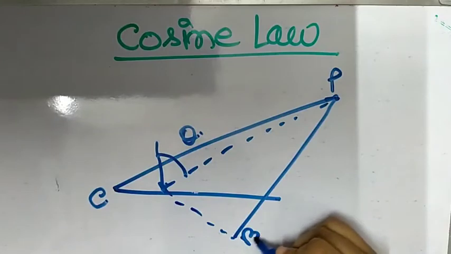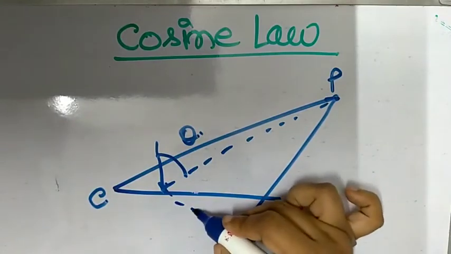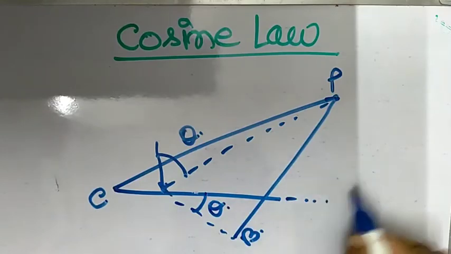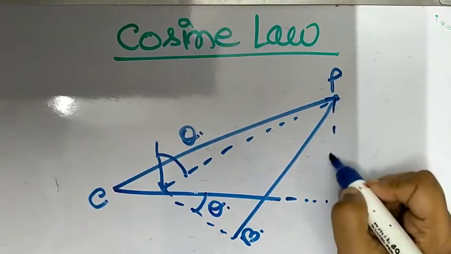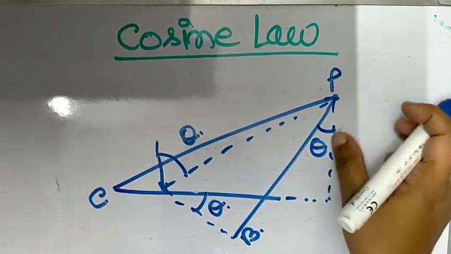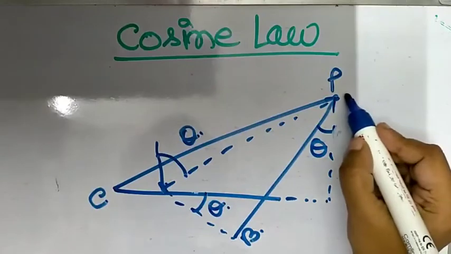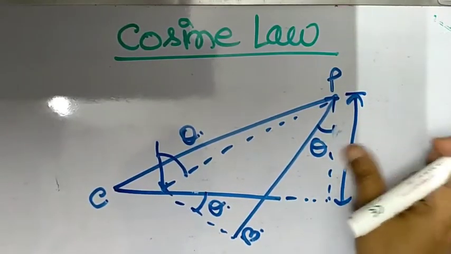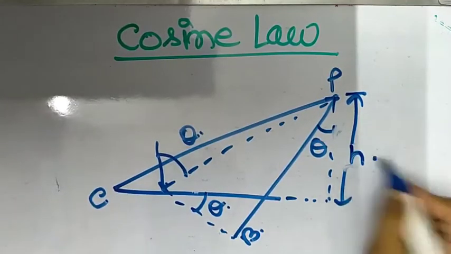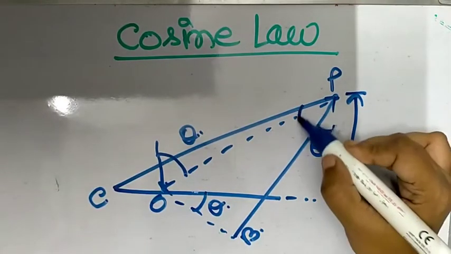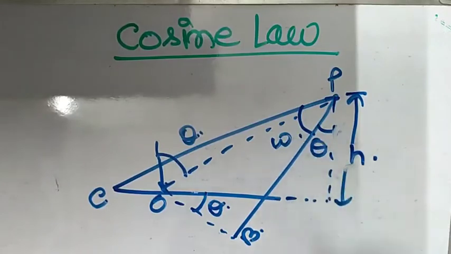This point is denoted by B, and this angle is also theta. This angle is also theta. This distance is H, and this point is denoted by O, and this is solid angle omega.